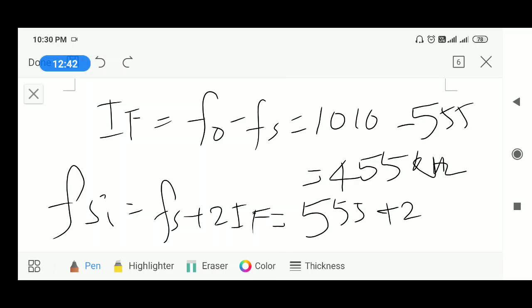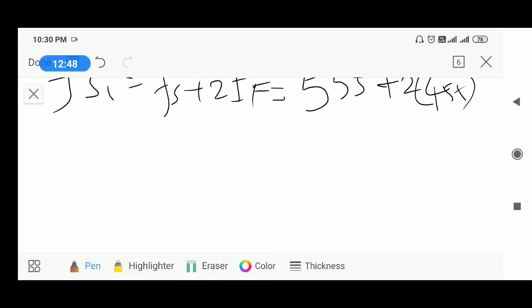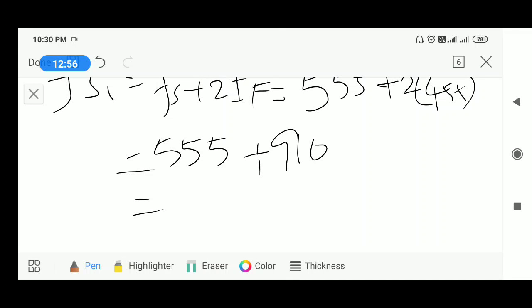Plus 2 into 455, that is 910. 555 kHz plus 910 kHz, and you will get 1465 kHz is the image frequency.